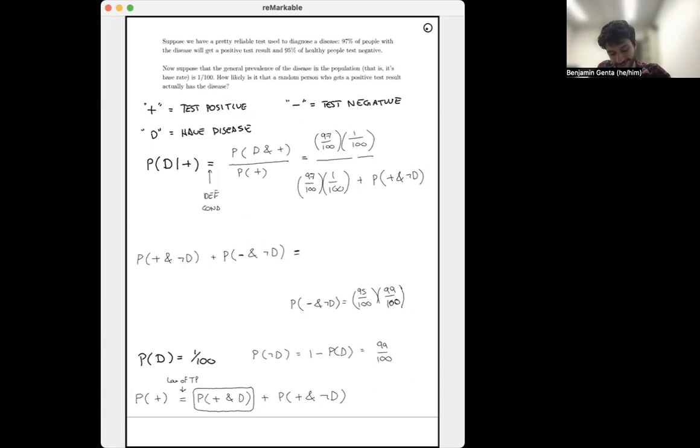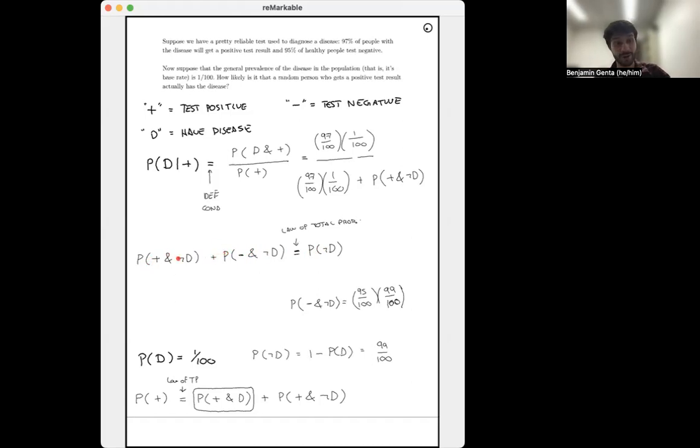Well, we know that this is equal to, sorry, not to 1, to the probability of not having the disease, right? And this is by the law of total probability. Probability of not D is equal to probability of not D and something plus the probability of not D and not that thing. And here it's testing positive and testing negative.